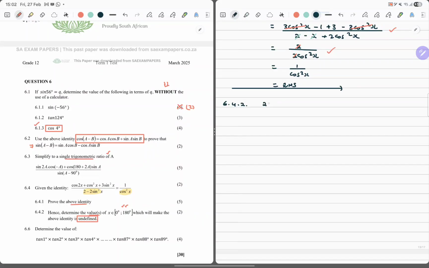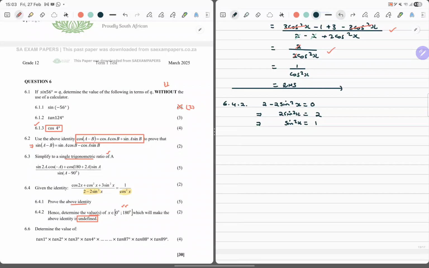We know that this is going to happen when 2 minus 2 sine squared x is equal to 0. We transpose everything, we get 2 sine squared x is equal to 2. So this implies that sine squared x is equal to 1.